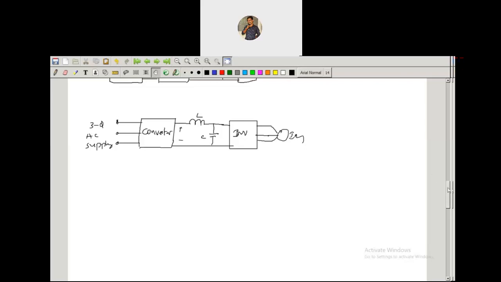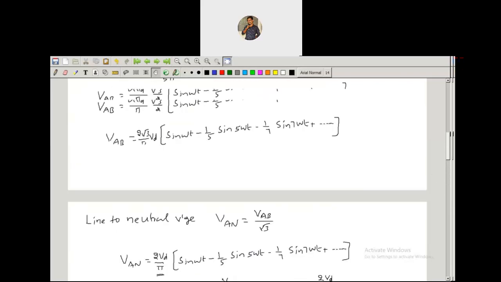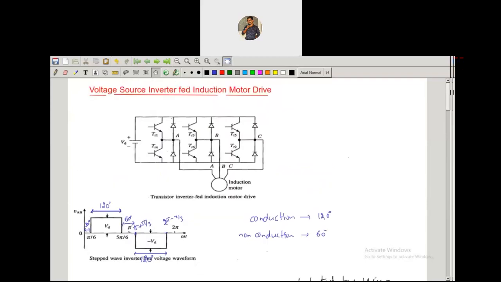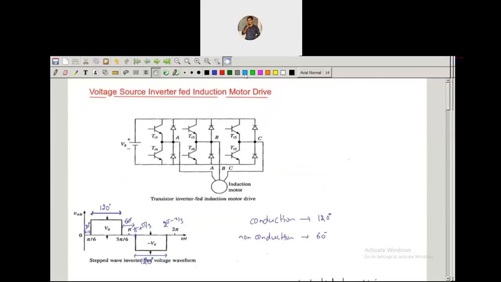We have seen so far the stepped wave mode, and in the next lecture we are going to discuss the pulse width modulation mode.